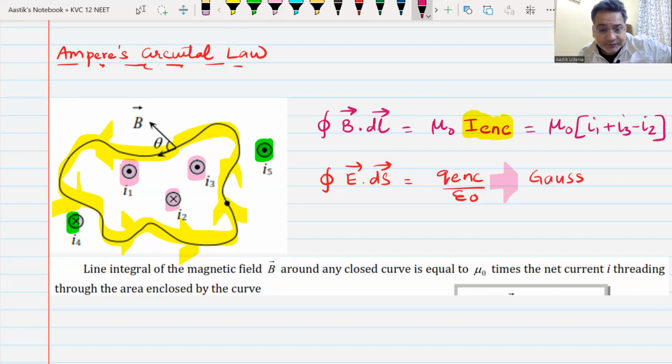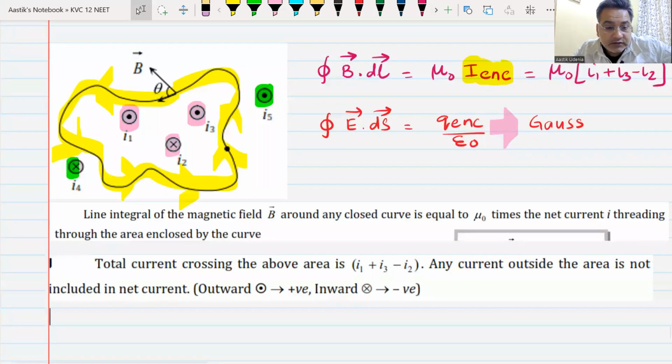So this is Ampere's circuital law. You must remember that the current that we have in this law is the current which is enclosed by the loop, and the current which is coming outside of the loop is not taken into this equation. Do we understand this?